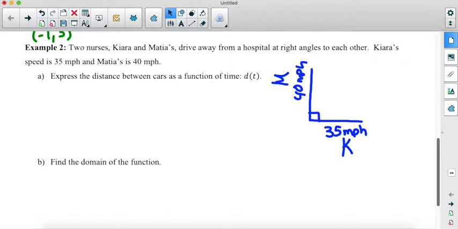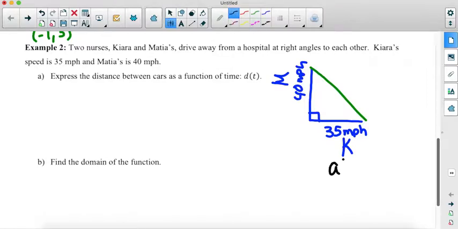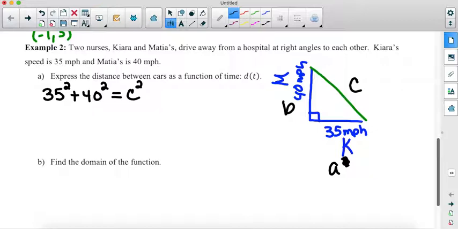The distance between the two is going to be this diagonal distance between those two vehicles. So we're just looking at the Pythagorean theorem. We'll call the legs a and b, and the distance c. So we take 35 squared plus 40 squared equals c squared. 35 squared is 1,225, plus 1,600 is equal to c squared.